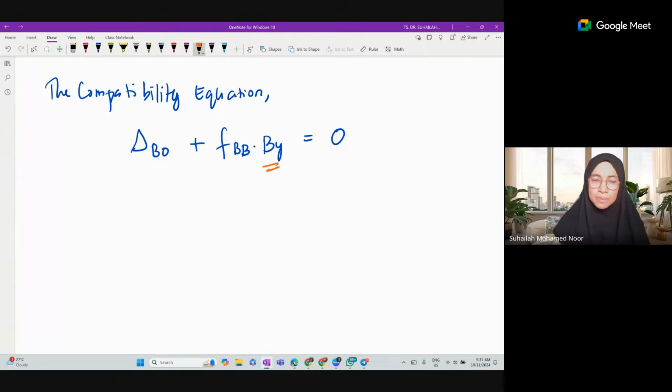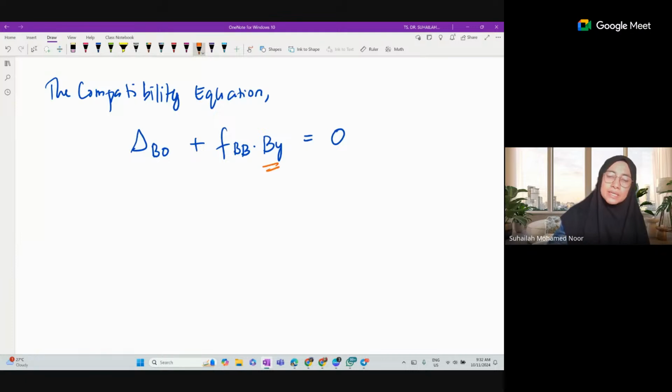Again, to calculate these two displacements, we will adapt and adopt the formula that you have learned previously under the deflection topic, the principle of virtual work or unit load method, where we integrate the moment equation to get the displacement.